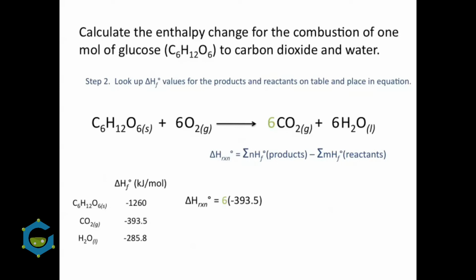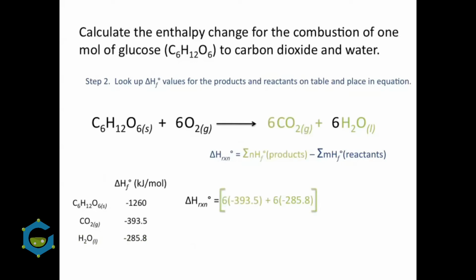Because I use the coefficients in my balanced chemical equation, it's particularly important to balance your equation correctly. Also on my product side, I have 6 water. So I take 6, which is the coefficient in front of H2O, and multiply that by the enthalpy of formation value for water in its liquid form, which is negative 285.8 kilojoules per mole.